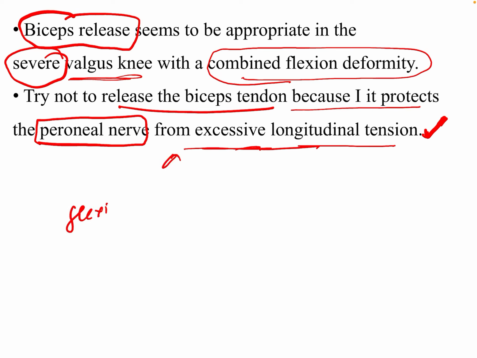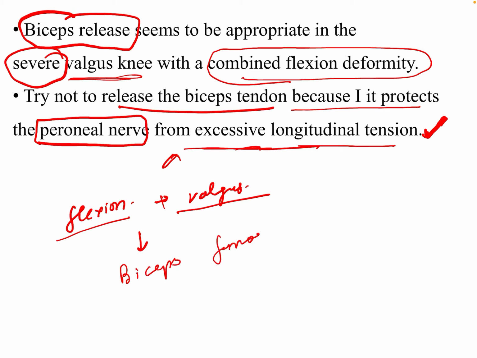So in case of flexion deformity associated with valgus deformity, biceps femoris release is recommended, but it is very dangerous because of the risk of injury to the peroneal nerve.